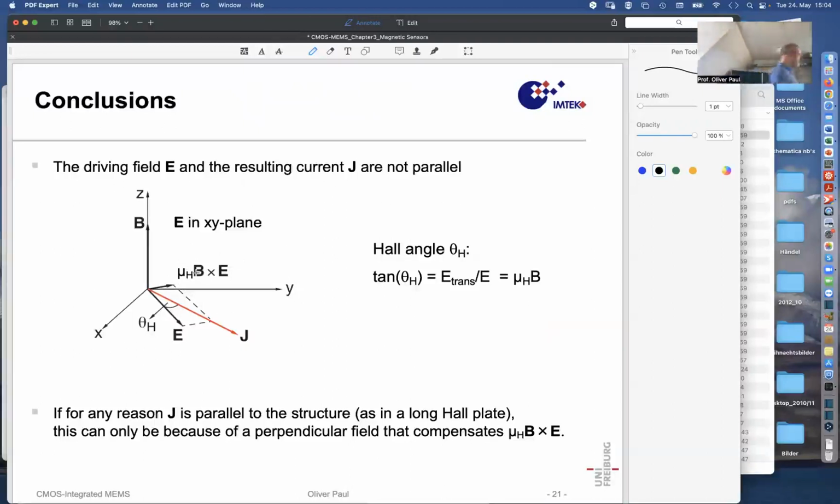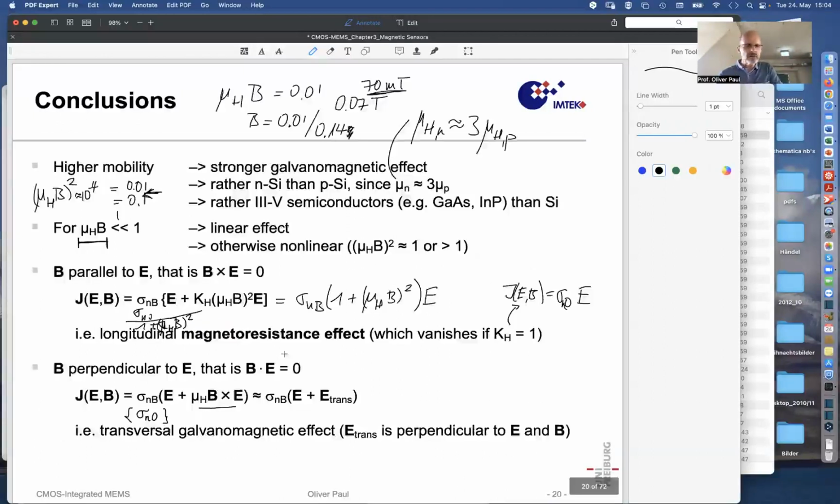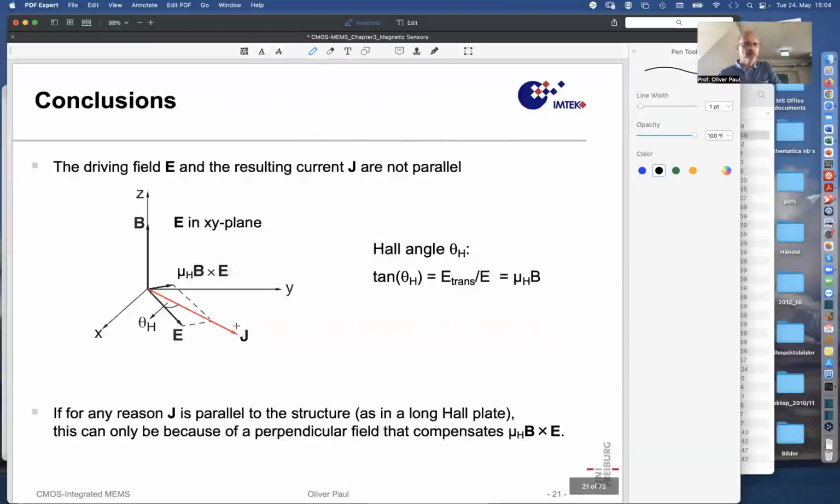So this is like a unitless vector, and therefore this is like an electric field. And the sum of those two electric fields, here is where the current goes. So this is the current E and B. So there is an angle between the current density and the original driving electric field. And that angle is called the Hall angle, theta H.